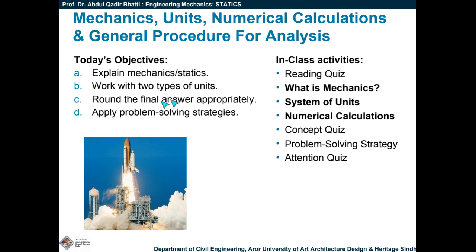Round the final answer appropriately. What does it mean? Once you do your calculations, when you get a result, there are some values after the decimal, right? 5 digits, 6 digits.